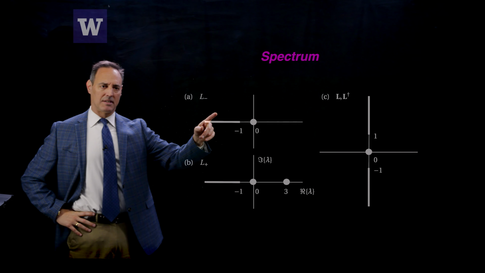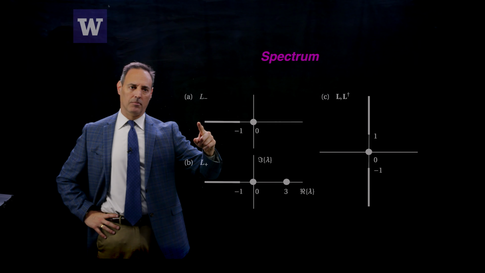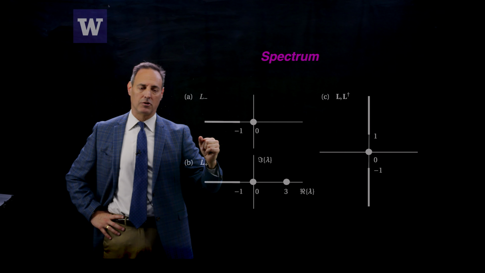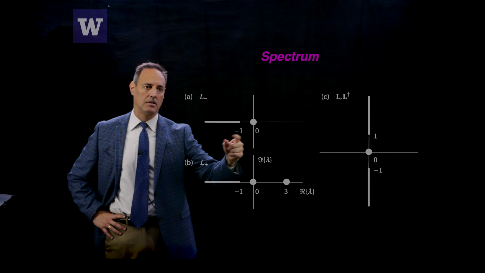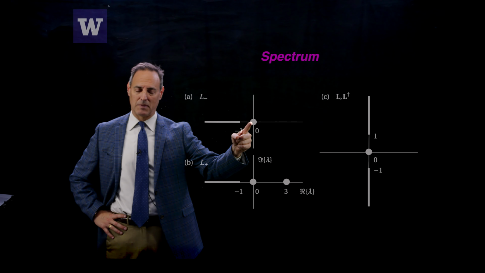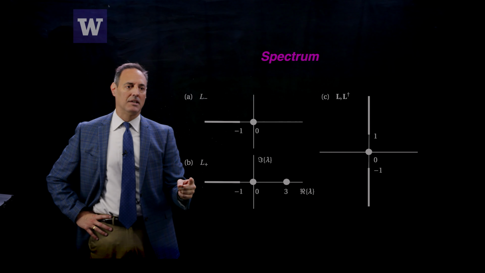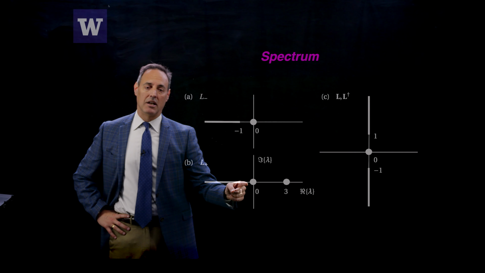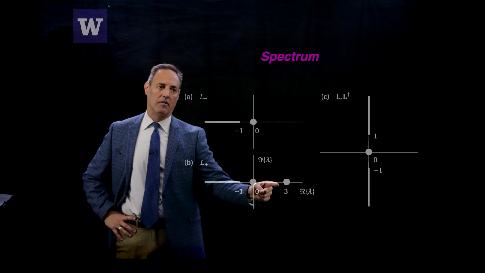So L minus itself, here's its spectrum. It's a continuous spectrum to -1. We haven't really talked much about continuous spectrums, nor will we much in this class. There's a 0 eigenvalue here. That's the one I care about because that's the null space. Then you have L plus. Here's the continuous spectrum. Again, a null space and a single vector out here.